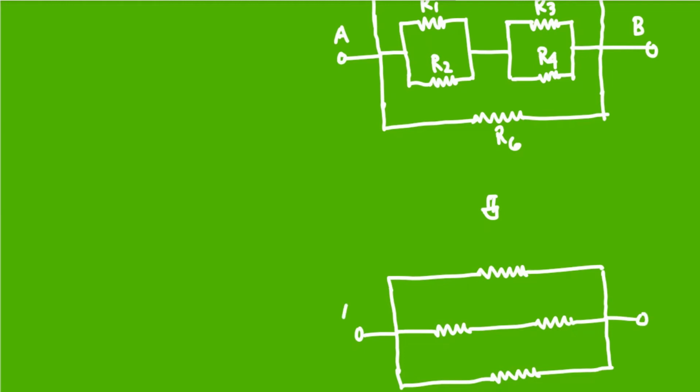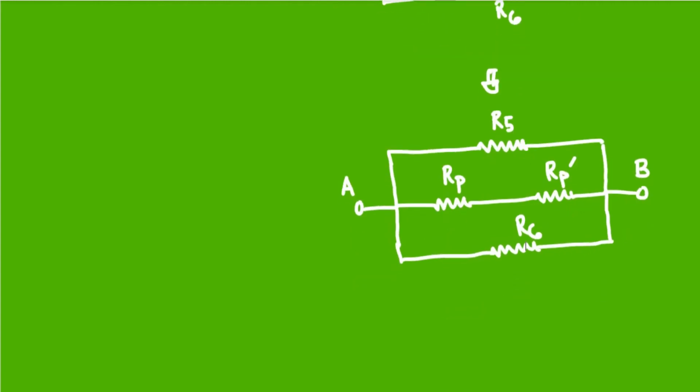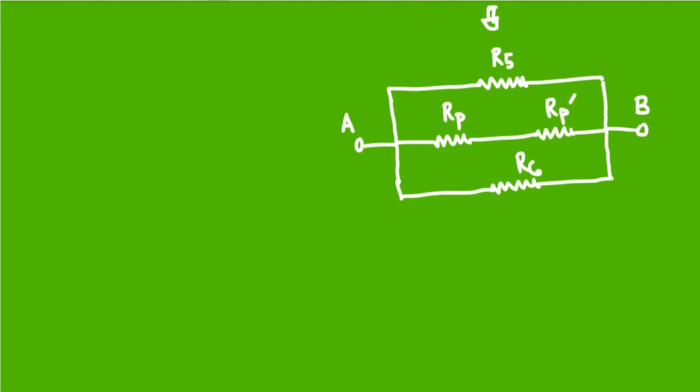This terminal is A, other terminal is B. Resistances R5 and RP and RP prime and R6. Now RP is the equivalent resistance of the parallel combination of two resistances R1 and R2.